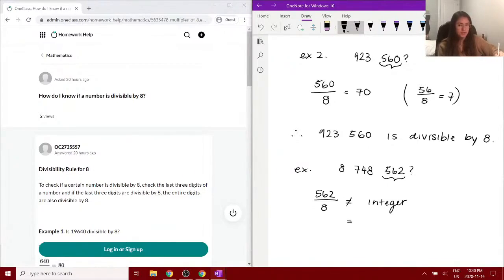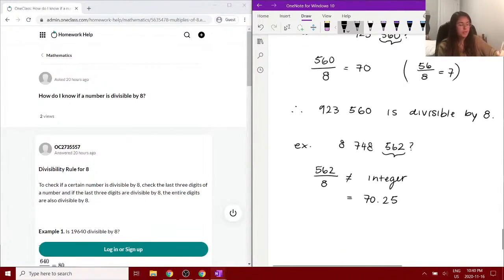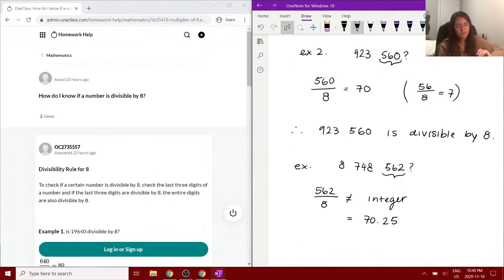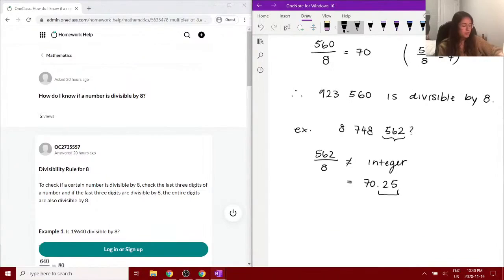And if you used a calculator, then you would be able to tell that this is equal to 70.25. So that means it's not divisible by 8. I guess the entire question is more of how do you know if a number is divisible by 8 without leaving a remainder? So this would be leaving a remainder here. So therefore, it's not divisible by 8.